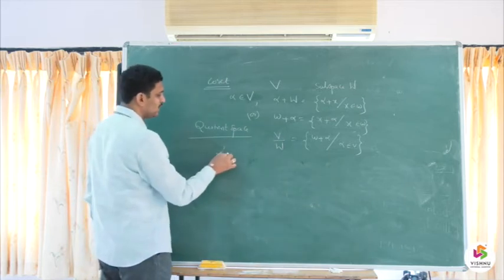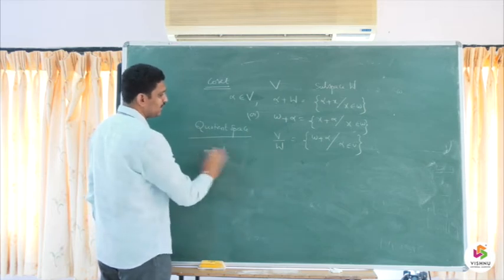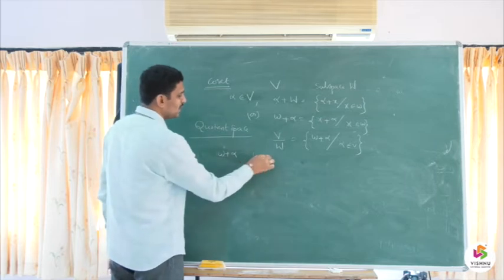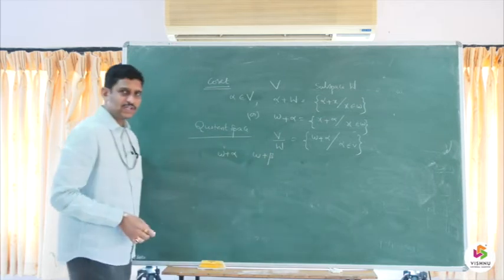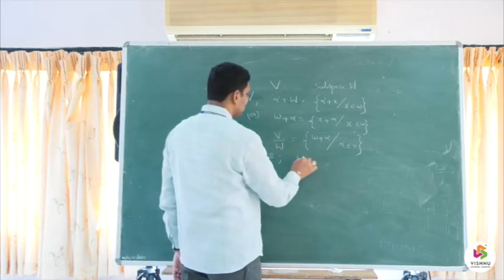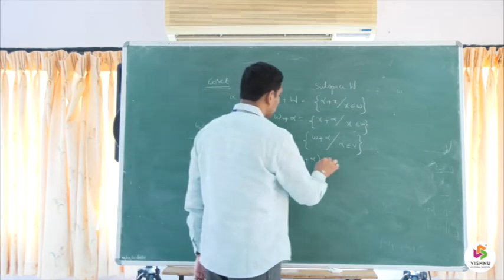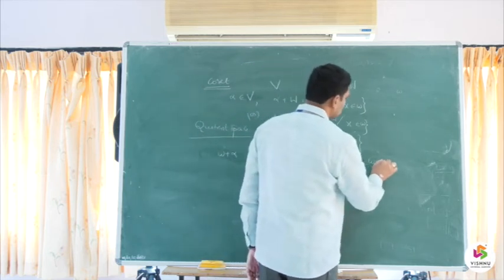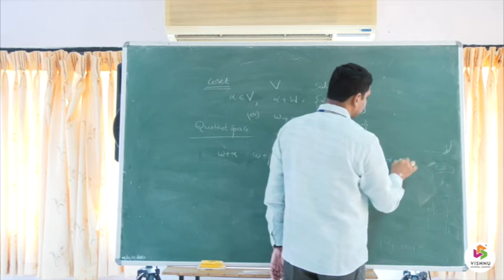Take W plus alpha, which is one right coset, and W plus beta, another right coset. Then I simply add them: W plus alpha plus W plus beta is equal to W plus (alpha plus beta).